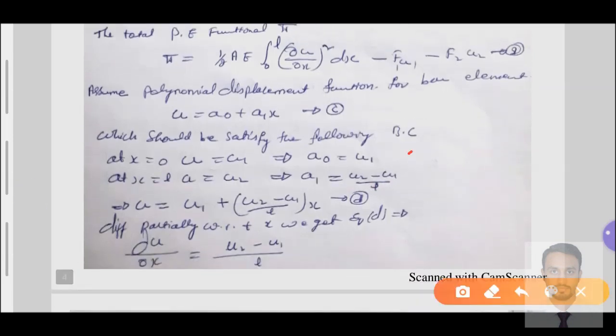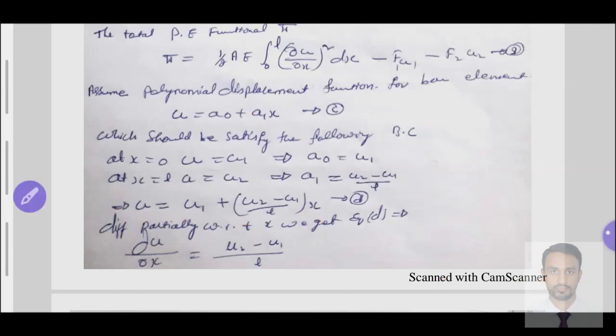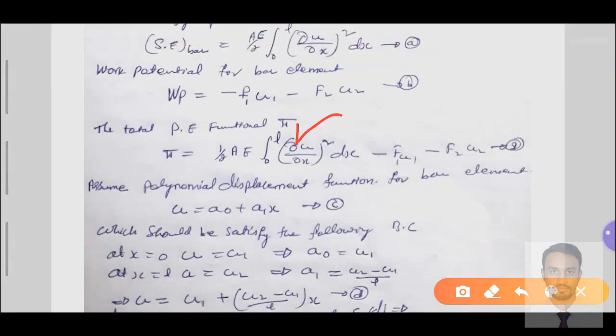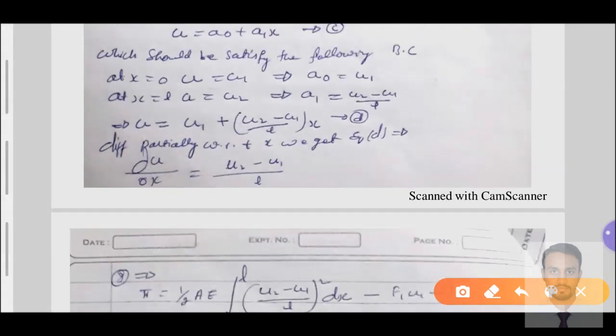Then we substitute these two values of a1 and a0 in equation number c. That equation becomes u is equals to u1, that is a0, plus a1, that is u2 minus u1 divided by L, into x. Call this equation number D. Now to find dou u by dou x, we differentiate equation D partially with respect to x.